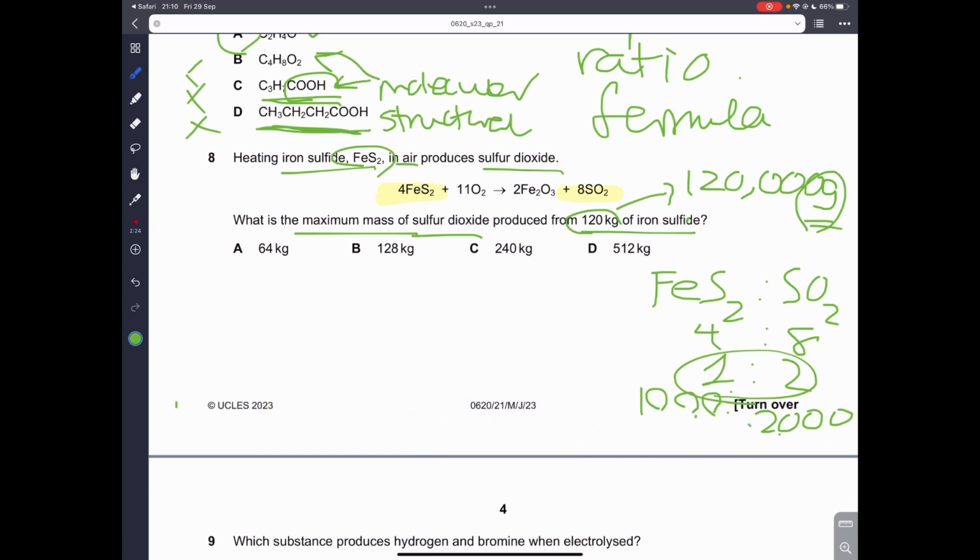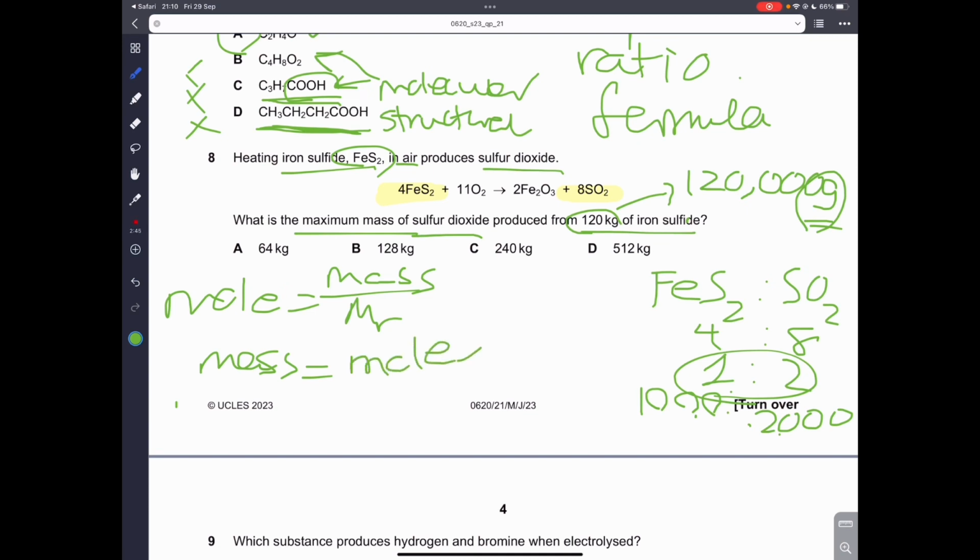Now we know that 2,000 moles of sulfur dioxide is going to be produced if there is 120 kilograms of iron sulfide. So we remember mole is equal to mass over molar mass. If we want to find the mass of sulfur dioxide produced, we can essentially just take this mole times the molar mass of sulfur dioxide. The mole we know is 2,000.